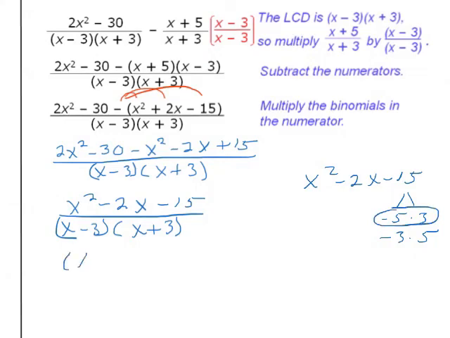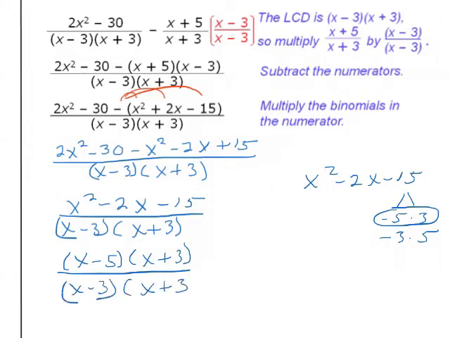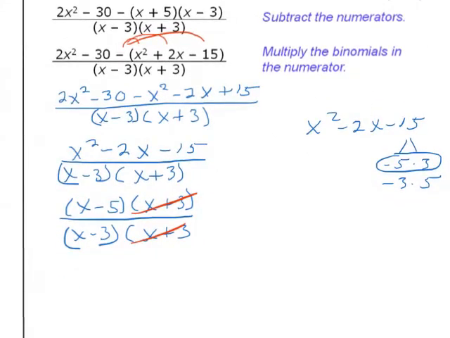So over here, I'm going to go x minus 5, x plus 3, all over x minus 3, x plus 3. Okay, is there anything that divides out? Well, looks like this x plus 3 divides out. Alright, so that leaves me with, for a final answer, x minus 5 over x minus 3.